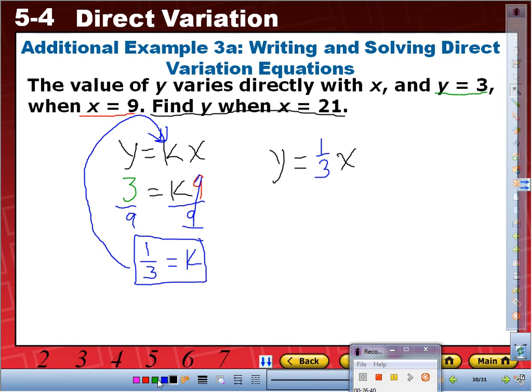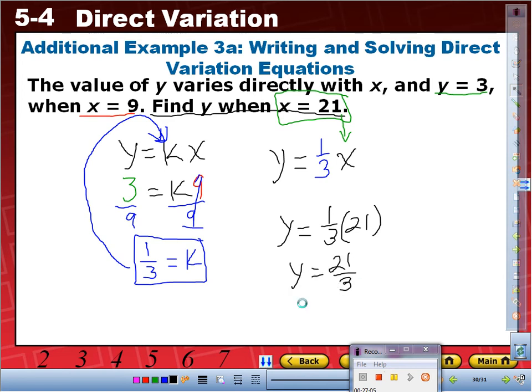So what am I going to substitute here for x? 21. So therefore, this becomes y equals 1/3, open parentheses, 21. And what is 21 times 1/3? That becomes 21/3. What is 21/3? 7. And we're done. Copy that, please.